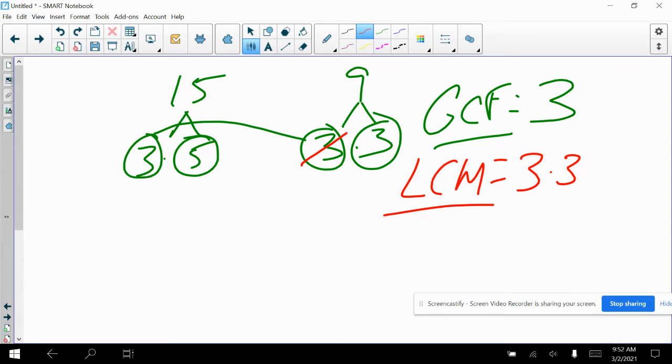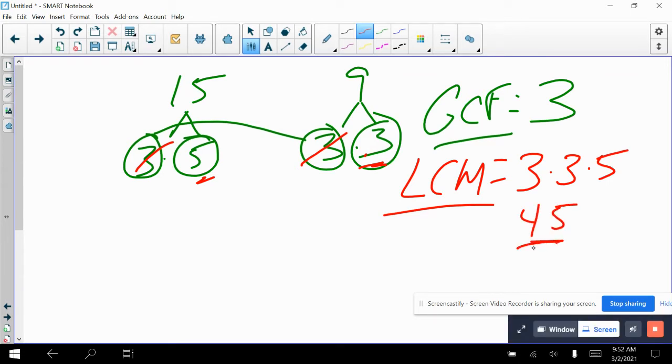There's a 3, this 3, and they have a 5 left. So the smallest number that 15 and 9 can divide into evenly is 45. Does that make sense? Yes or no?